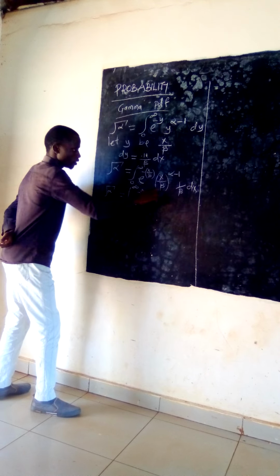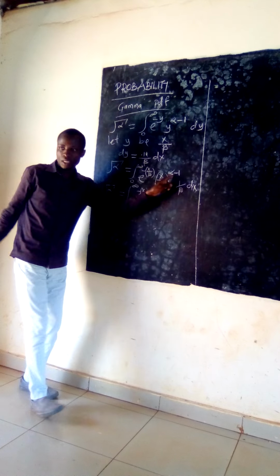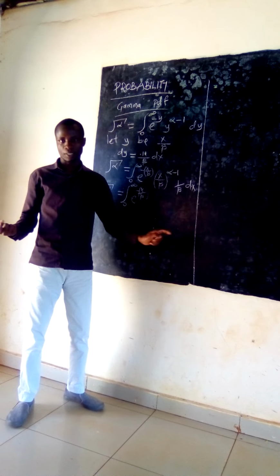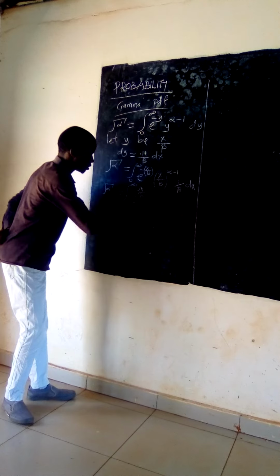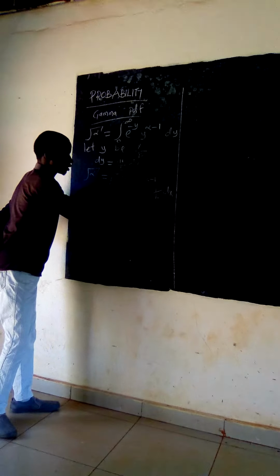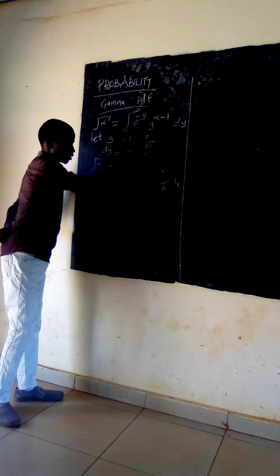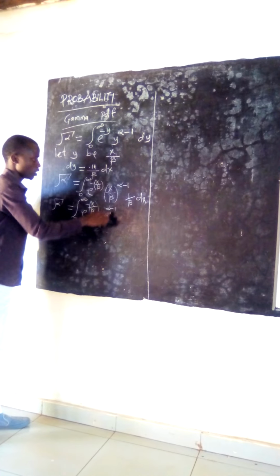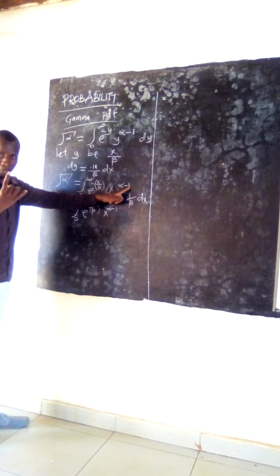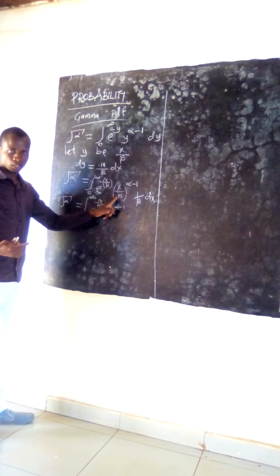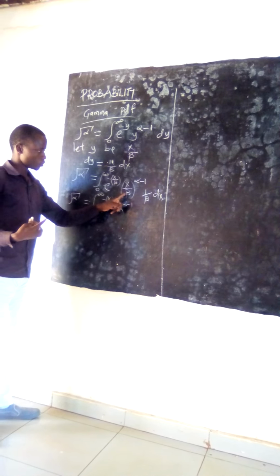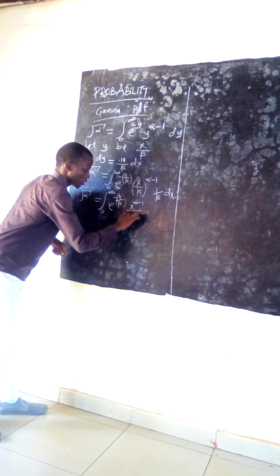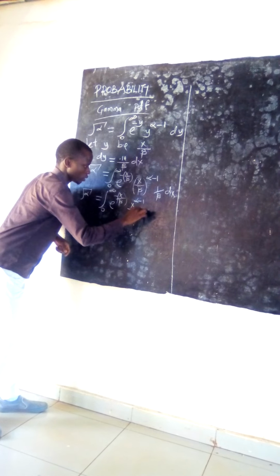Then, the power alpha minus 1 will affect the x part as well as the beta part. So it is x raised to alpha minus 1, and the same alpha minus 1 will also affect the denominator, so it is over beta raised to alpha minus 1.